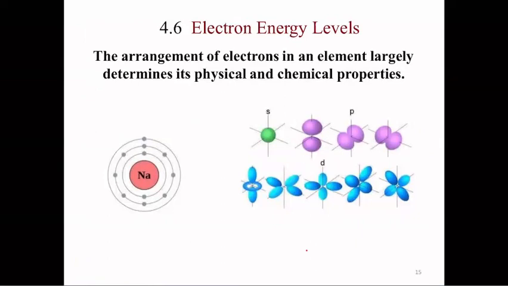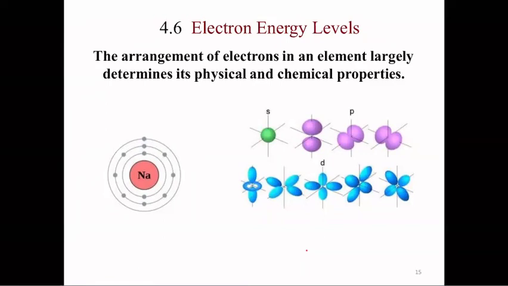We just know that they are going to be around the nucleus somehow. Why is it important that we know where the electrons are? Because depending on where the electrons are in an element, that is what's going to determine its physical properties and its chemical properties.